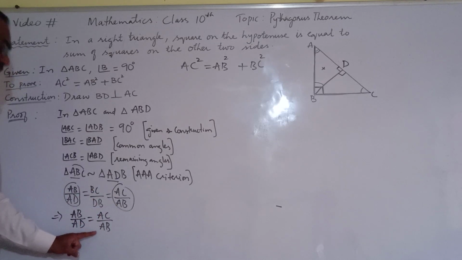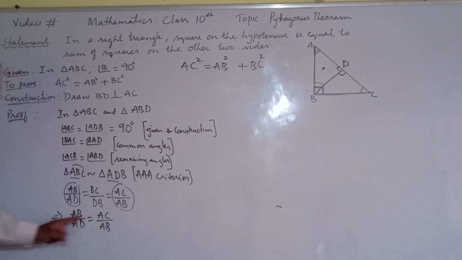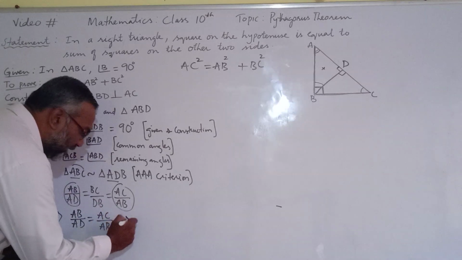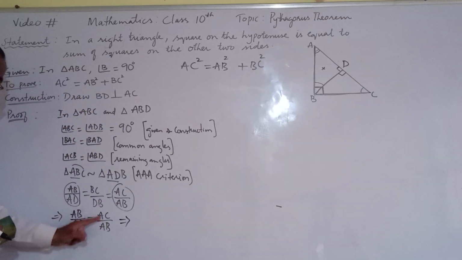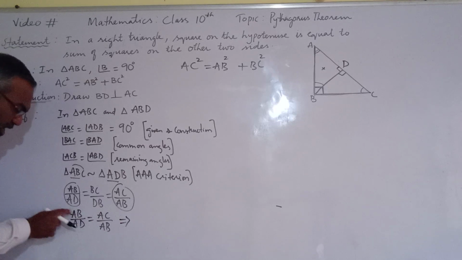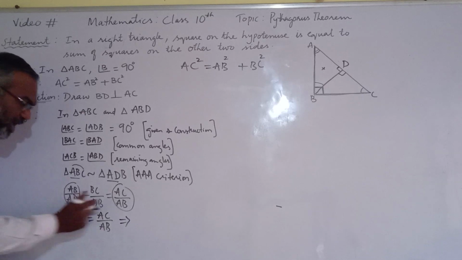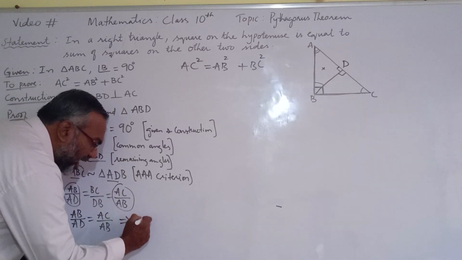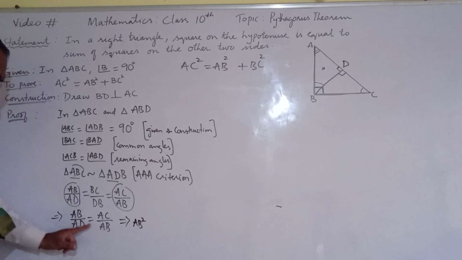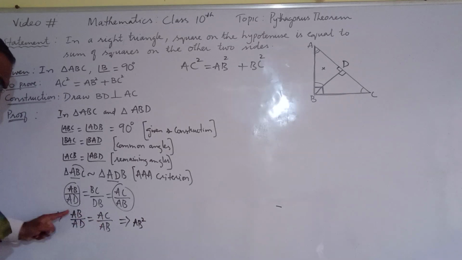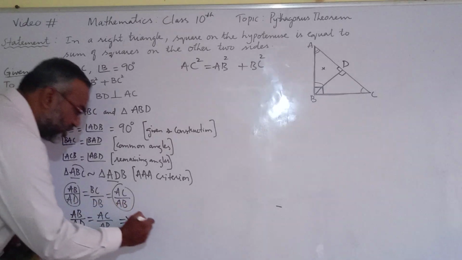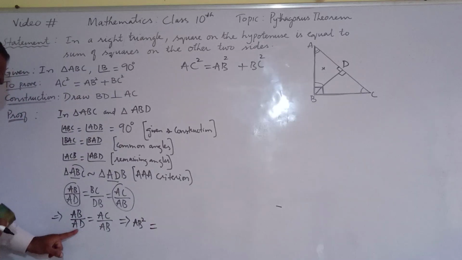Now, from this, if you cross multiply, what does this imply? Take AB here. This AB will multiply with this AB, so AB into AB will become AB square, is equal to this AD will go there, so it will multiply with AC.